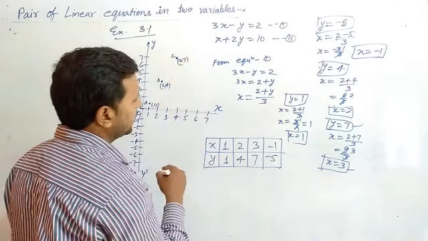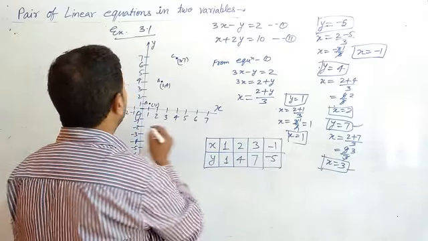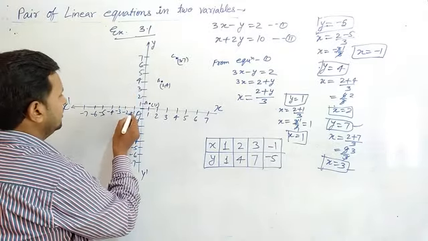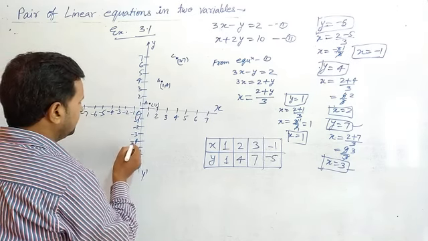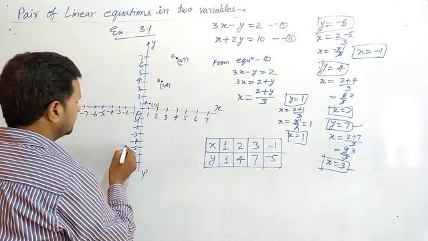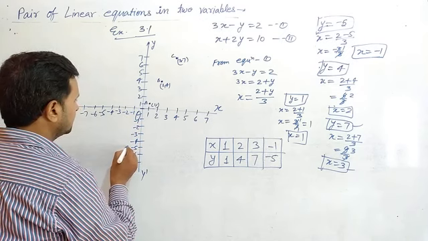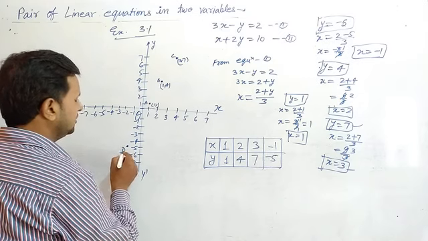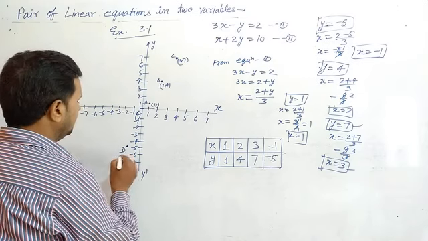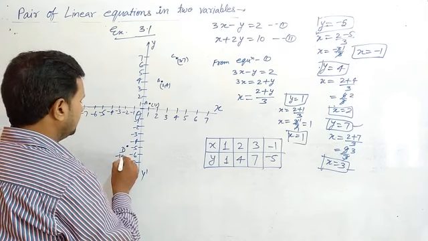It's right. Now again minus 1. Minus 1 means in this side. It is minus 1 and minus 5. Means this point minus 5 means below here. Okay. This point is D and its name is minus 1 comma minus 5.